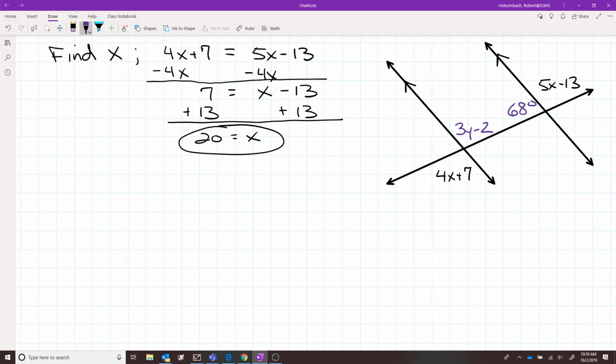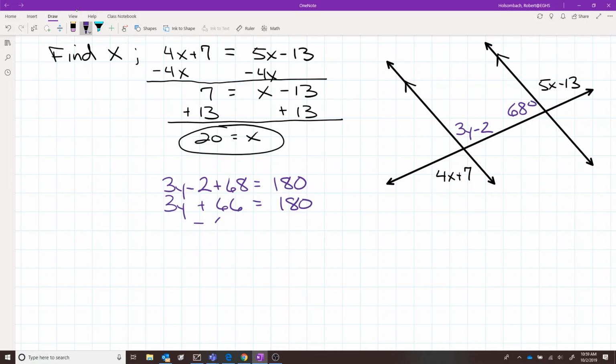So your 3y minus 2 plus your 68 is equal to 180. So combine like terms. 3y plus 66 is equal to 180.